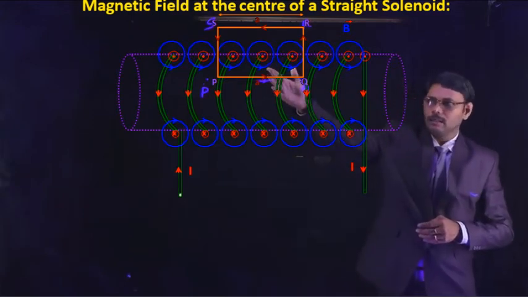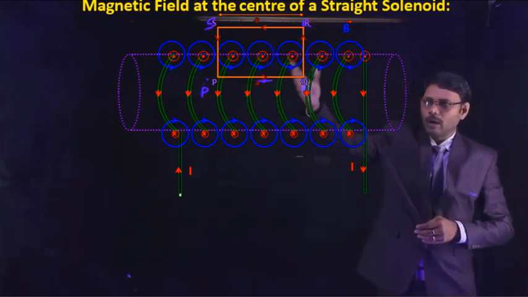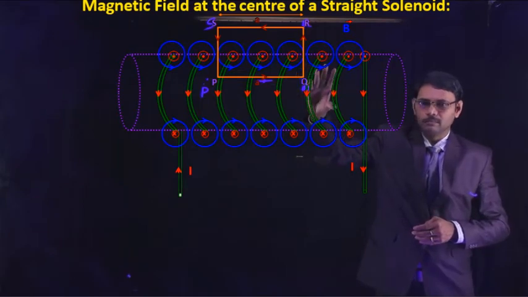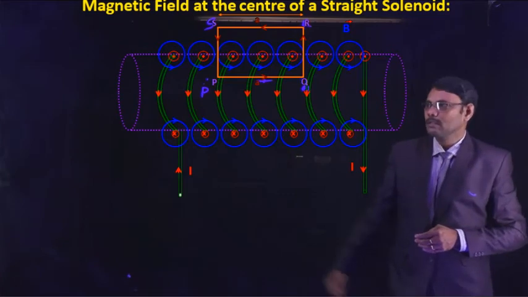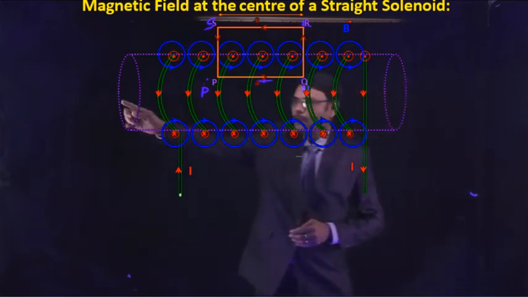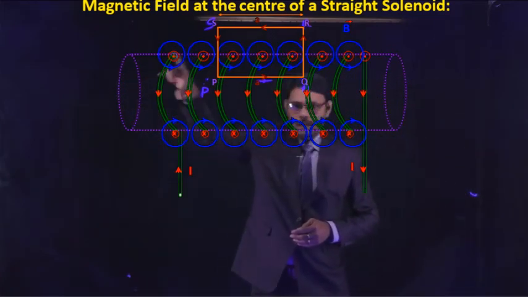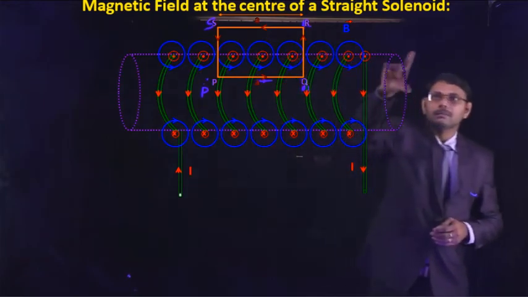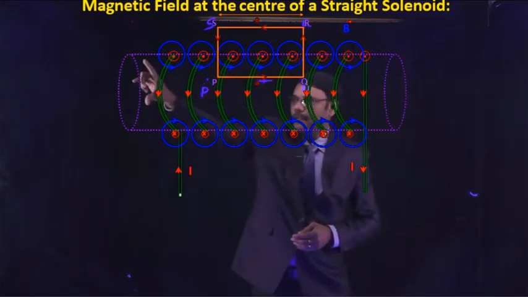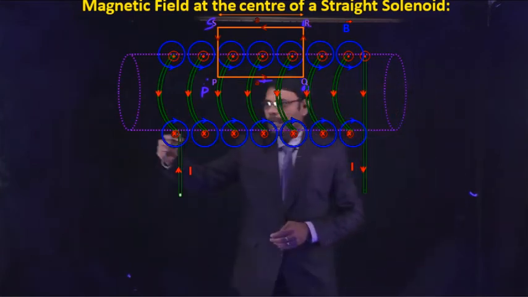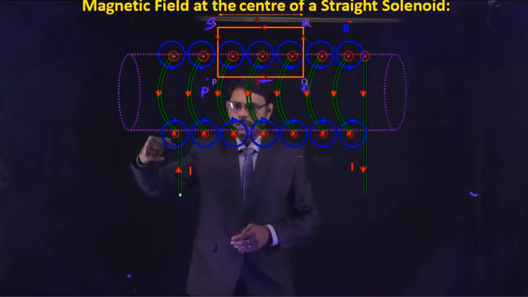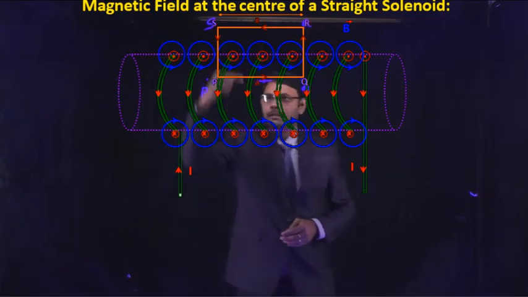So in this adjacent diagram, you are observing a schematic diagram of a solenoid. At this end, this is a cylindrical shaped material. Around this cylindrical shaped material, a current carrying conductor, a good conductor, is circulated like this.